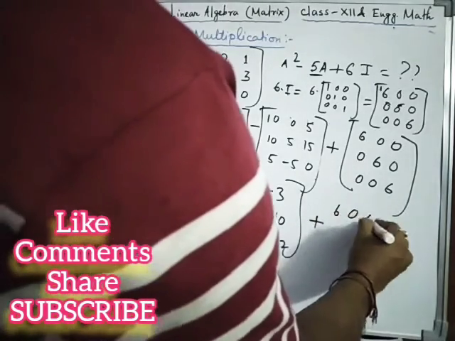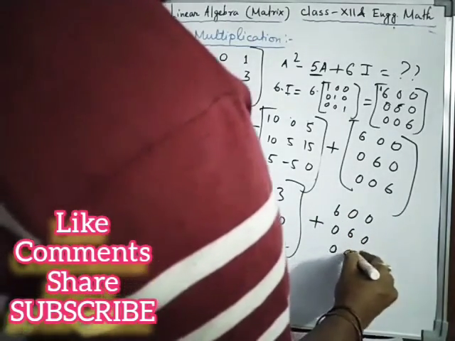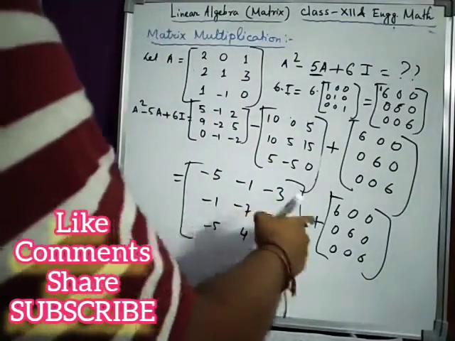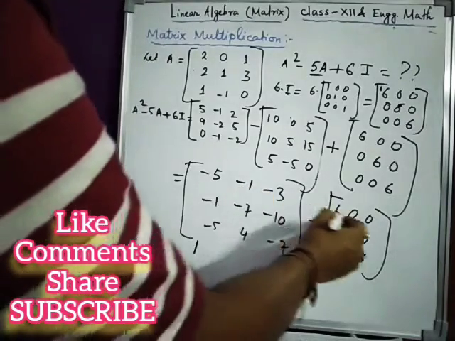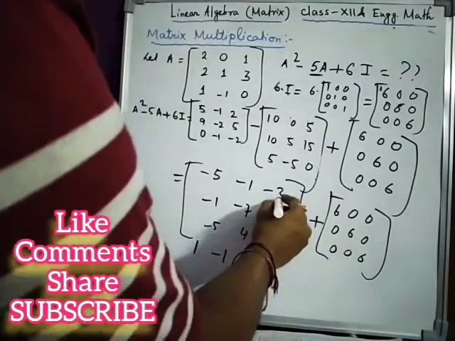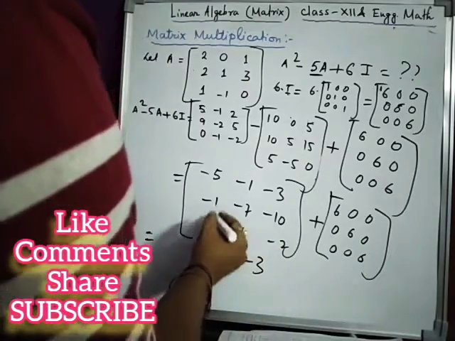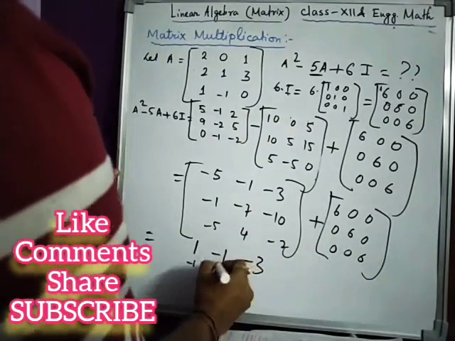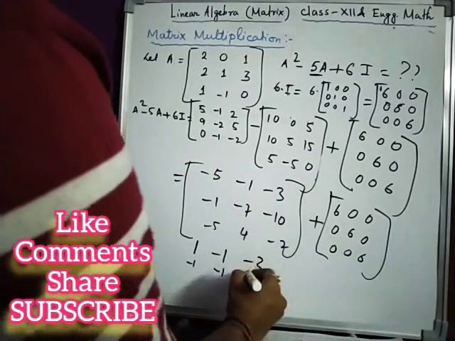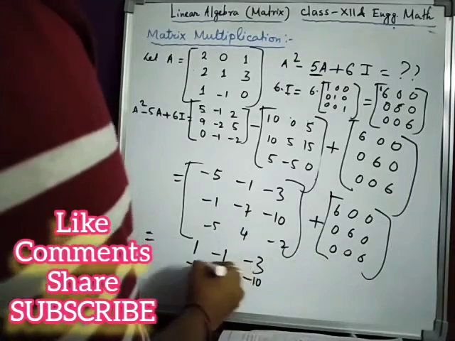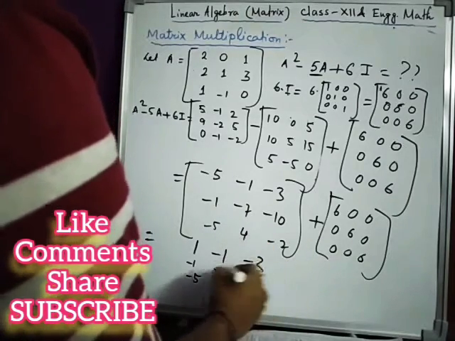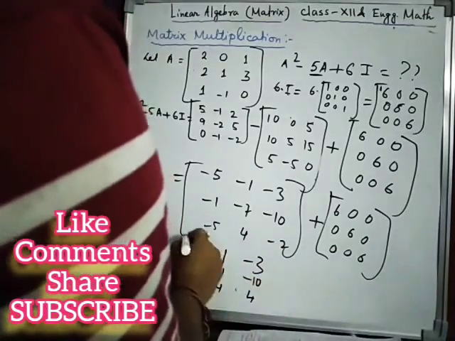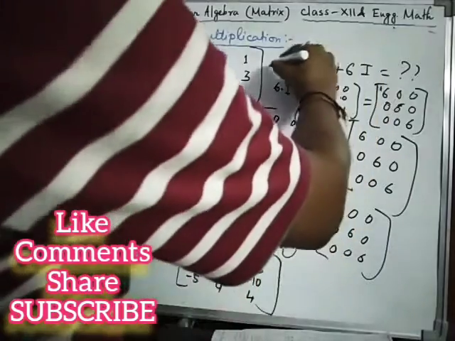Plus 6 0 0, 0 6 0 and 0 0 6. So the answer will be, I am writing directly: minus 5 plus 6 is 1, minus 1 plus 0 is minus 1, minus 3 plus 0 is minus 3, minus 1 plus 0 is minus 1, minus 7 plus 6 is minus 1, minus 10 plus 0 is minus 10, minus 5 plus 0 is minus 5, minus 4, and the last one is minus 2 plus 6, that is 4. So this is the ultimate answer of this first equation.